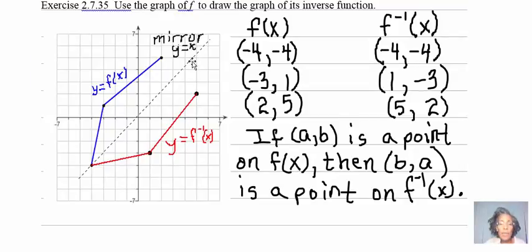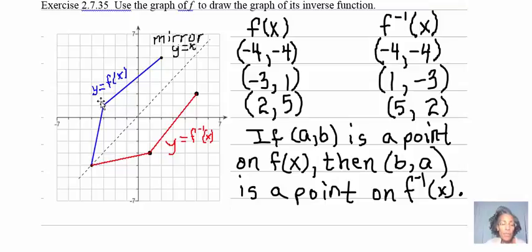So this is the power of the reflective property of a function and its inverse. If I know a point on the function, I'm able to get a point on the inverse, which is actually the mirror image of that point on the function. So notice any point that lies directly on the mirror is a point on both the function and the inverse, as this point -4, -4 is. Notice these are points that have the same x value as y value.